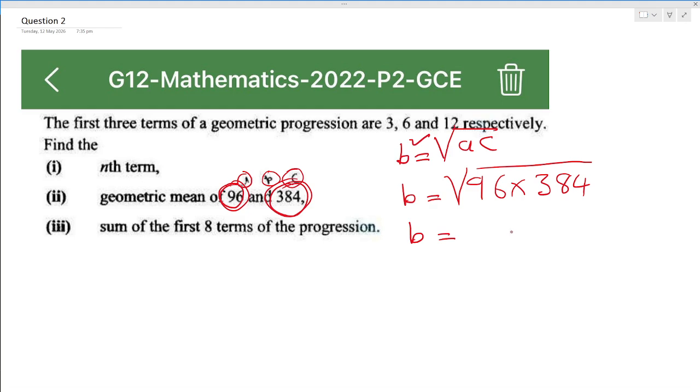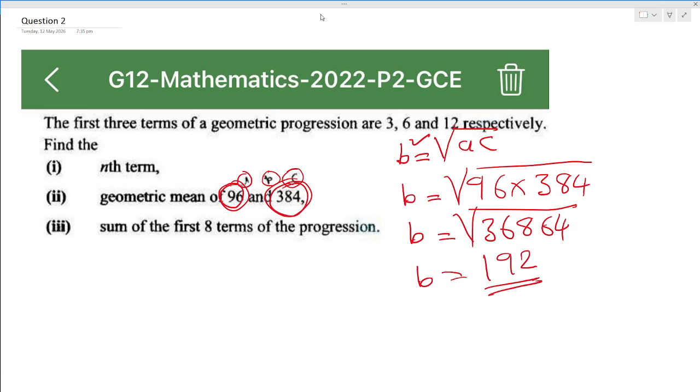It gives me 36,864. And then we square root that value. What is the square root of 36,864? Make sure you confirm the values. We have 192. That is your geometric mean. And you are done.